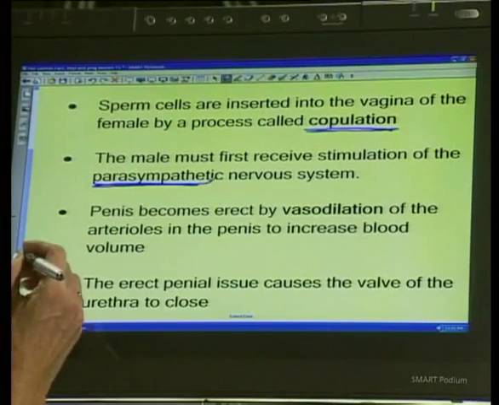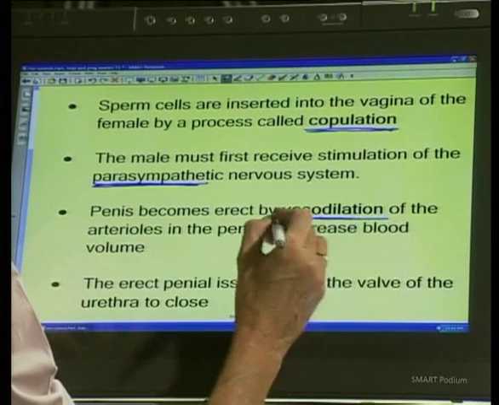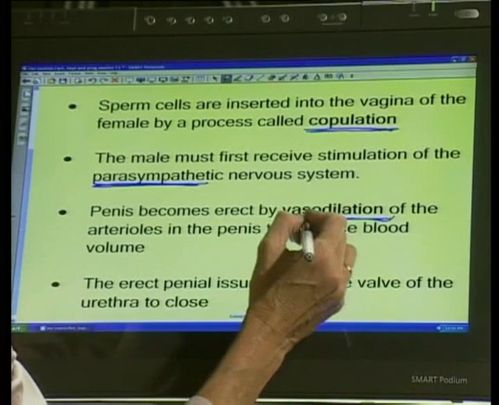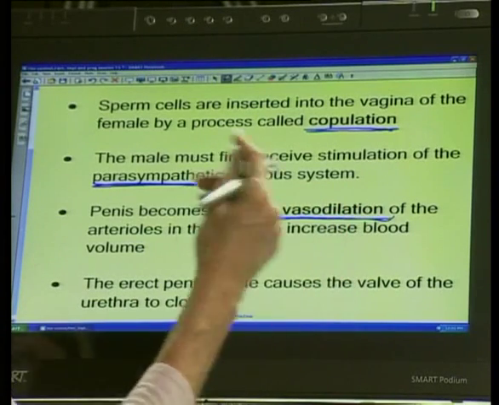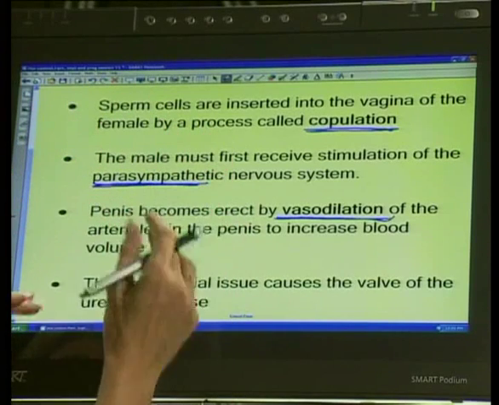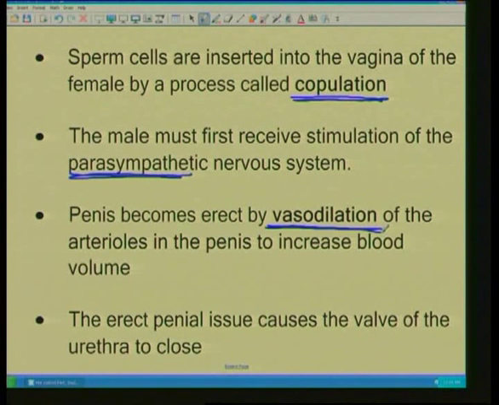Alrighty, now, the penis becomes erect. Why? Because of vasodilation. In other words, vaso is the vascular system, the blood vessels. The blood vessels get larger, they dilate, and lots more blood flows through, and it's that blood that makes the penis engorged. The tissue becomes engorged, and the penis then increases in blood volume.